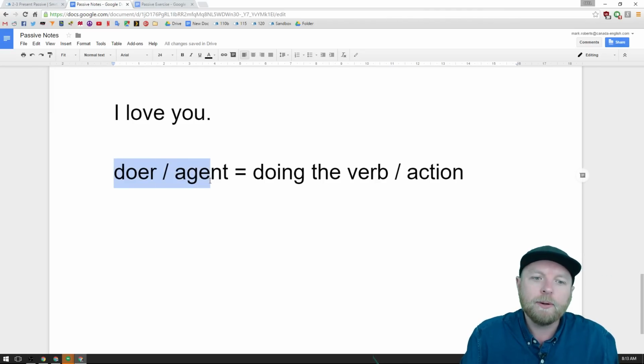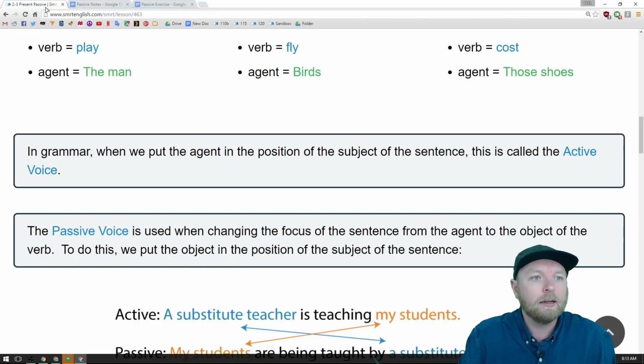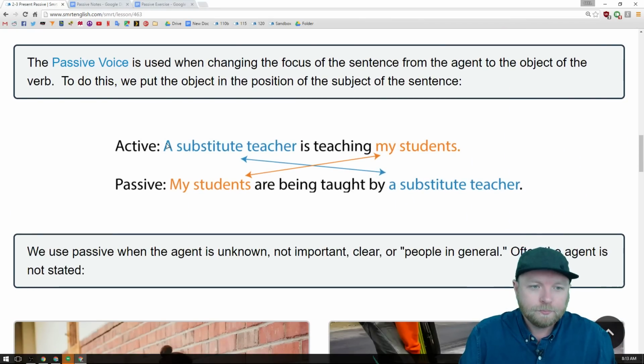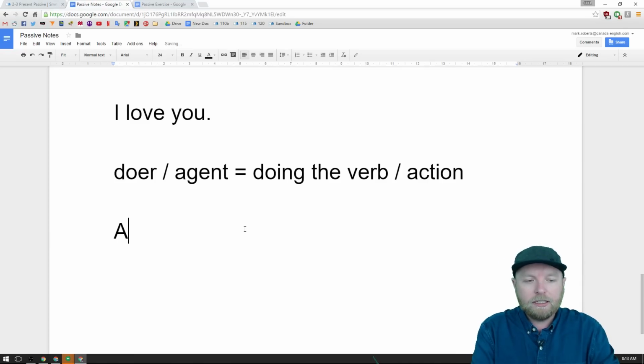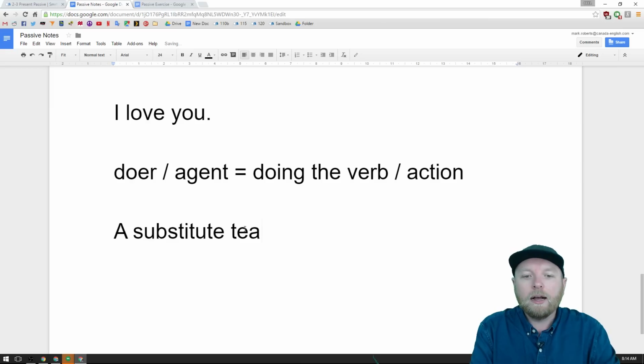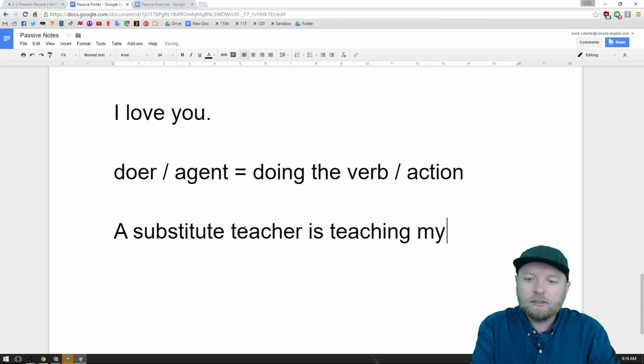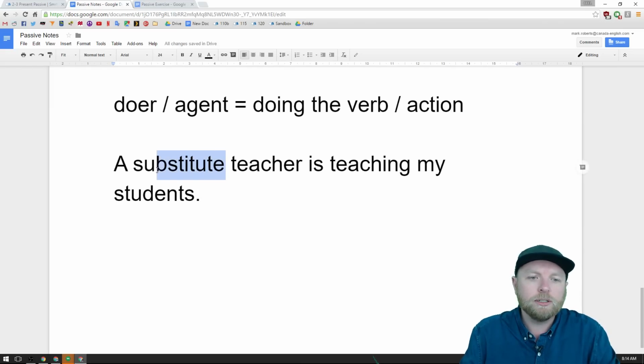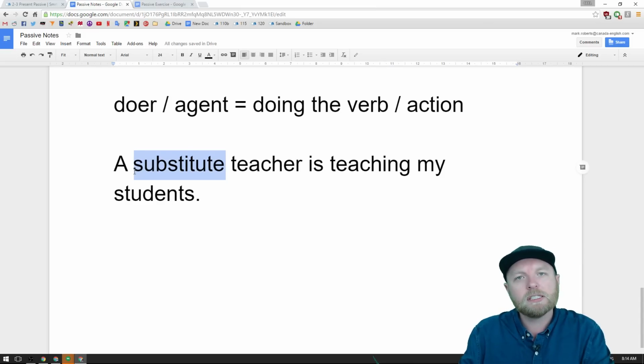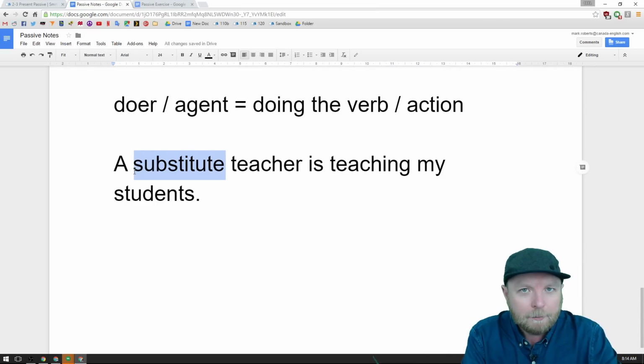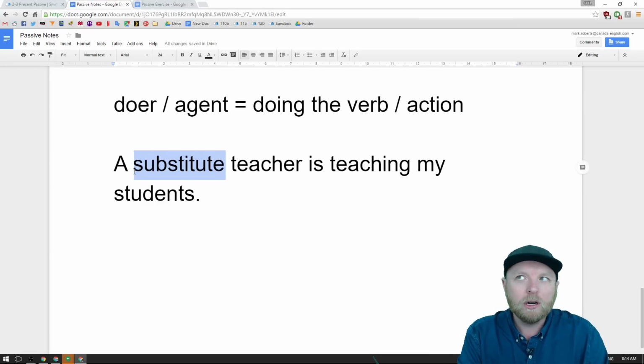So we talked about the doer, the agent. So here: a substitute teacher is teaching my students. What is a substitute teacher? Well, in soccer, the best players start the game, but maybe after 1 hour they get tired and they put another player in.